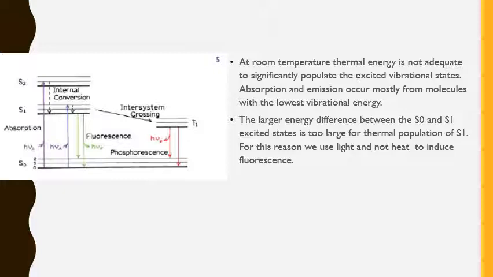The energy difference between S0 and S1 is too large for thermal population. This is the reason why we use light, not heat, to induce fluorescence.